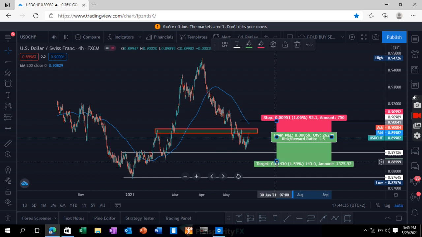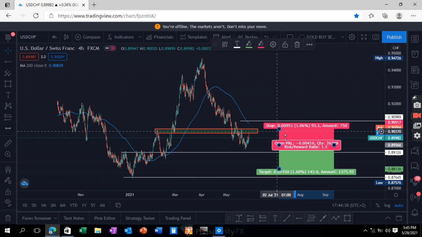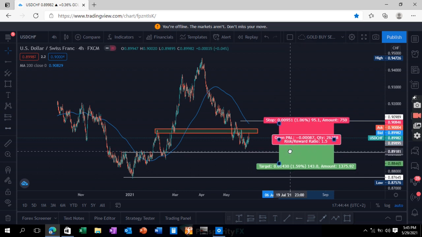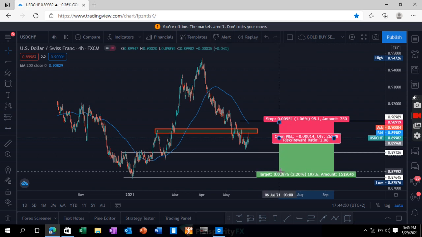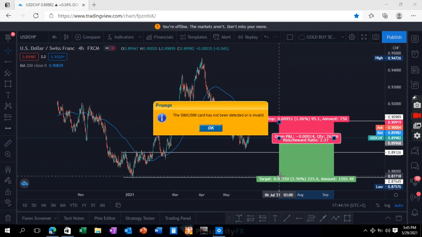Okay, so remember, when price is in a downtrend or an uptrend, I wouldn't advise you to put take profit targets, because you might just prevent yourself from making a lot more money, because you actually limited yourself.